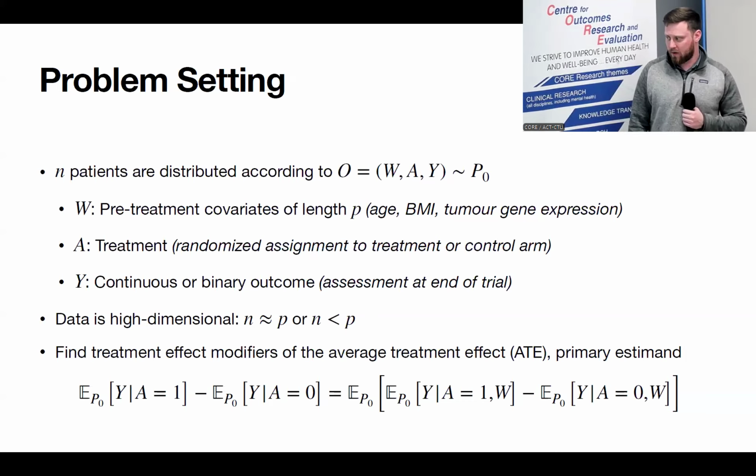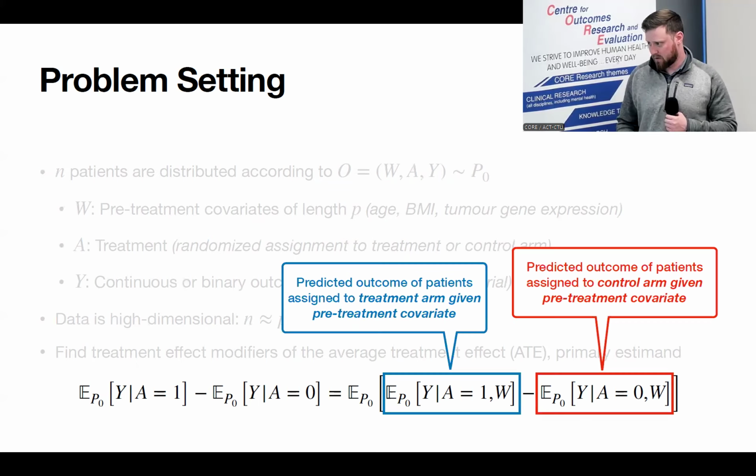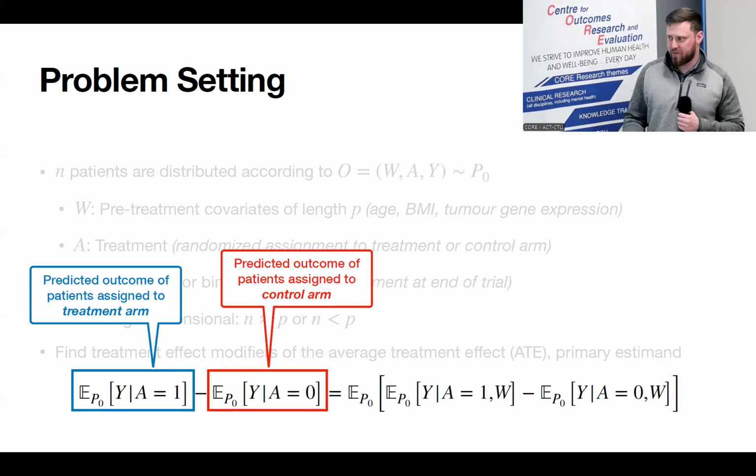And so we're going to say that the primary estimate in this trial is the average treatment effect, which is this beast down here. So all this is saying is that the average treatment effect is defined as the predicted outcome of patients assigned to the treatment arm minus the predicted outcome of patients assigned to the control arm.